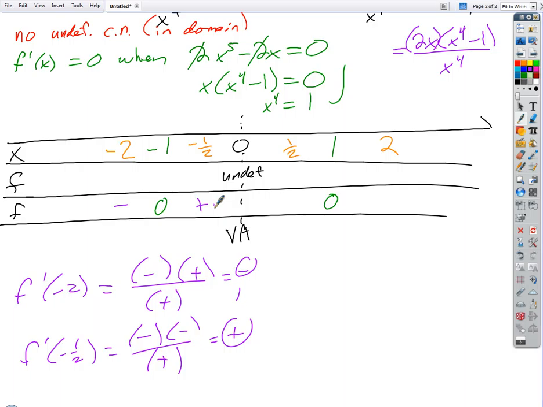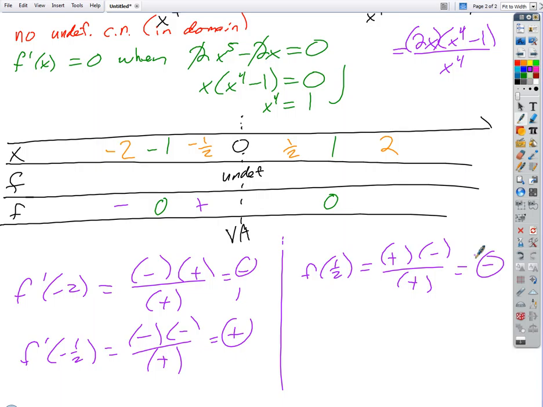How about over here? At 1/2, I'm going to get positive, negative, positive. Everybody agree? Equals negative. Yep.